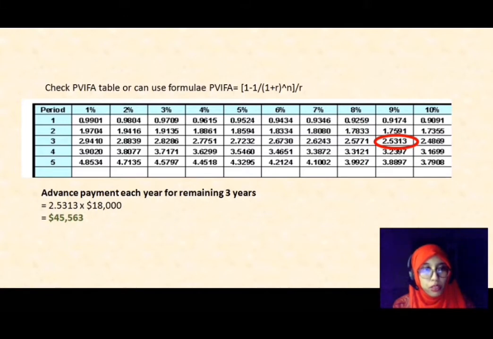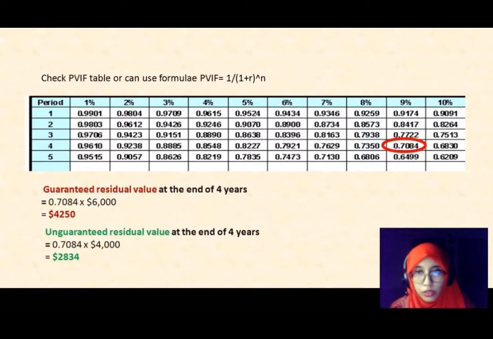We can see here 9% for the interest, and the period is 3 terms, 3 years. So we have 2.5313, and we times it with 18,000. We will get 45,563.